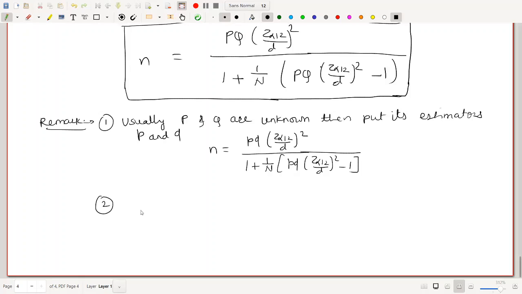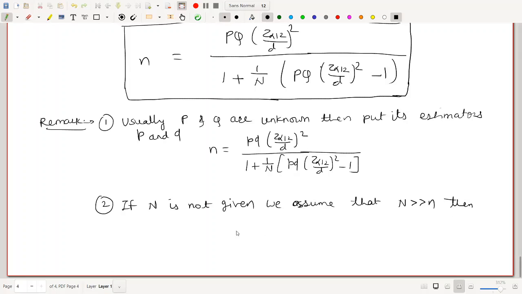Second remark, if capital N is not given, we assume that capital N is very large compared to small n.